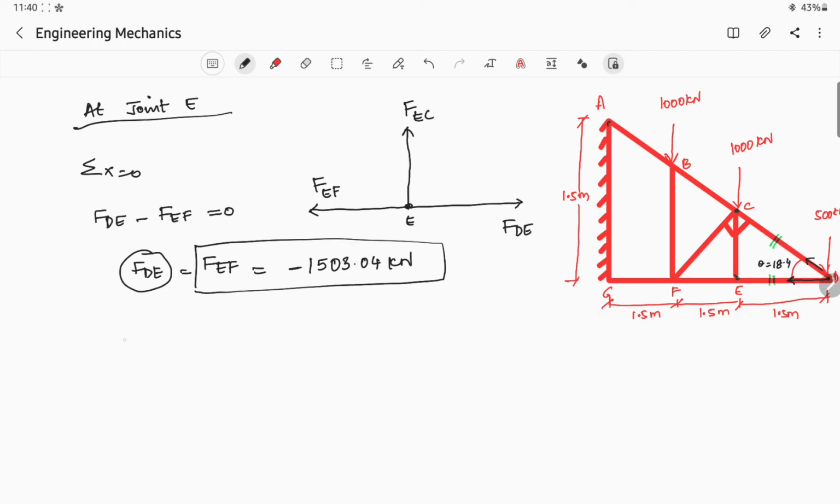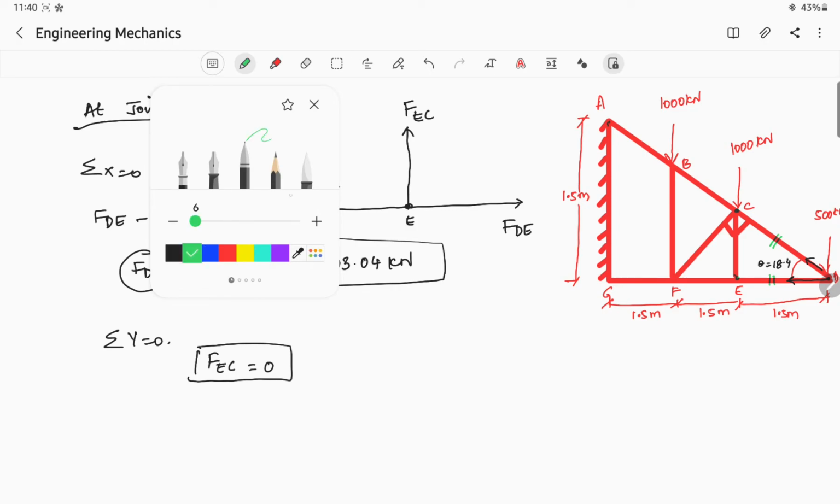Now force in member EC, that is sigma y is equal to 0. How many vertical forces are there at joint E? There is only one force in the vertical direction, that is force in member EC, which is equal to 0. No other force over there, right? So force in member EC is equal to 0 we've got. Now we've calculated the forces in how many members?